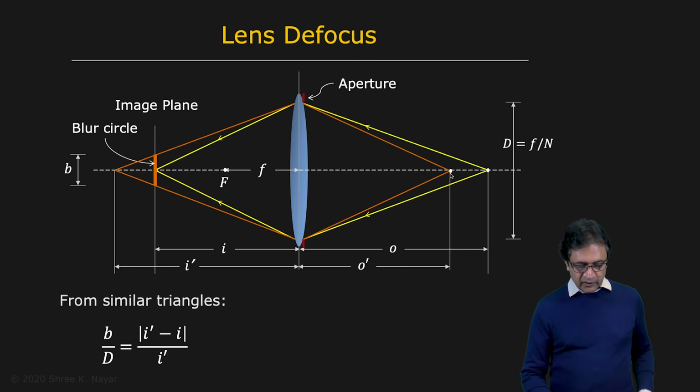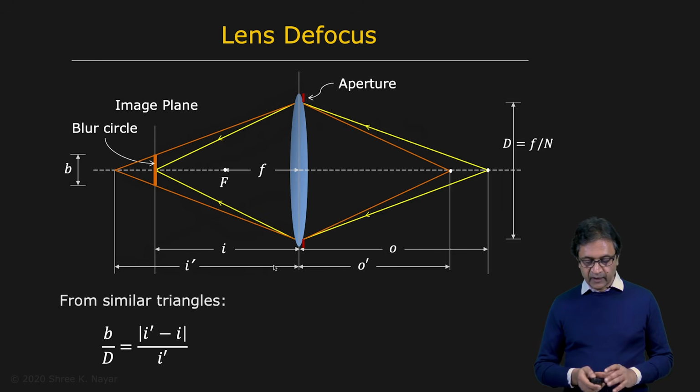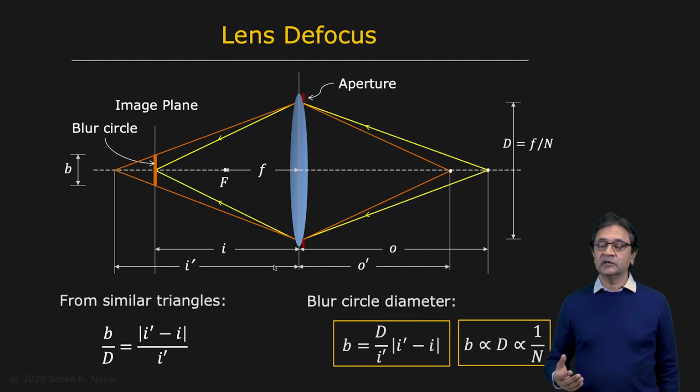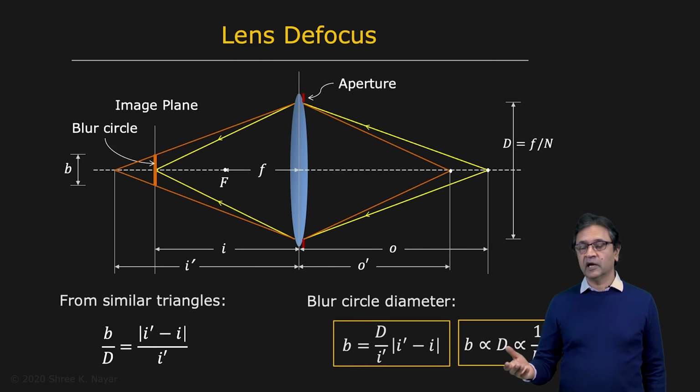So for that, we use these similar triangles, the small orange triangle here and the large one. These are similar triangles, and we know that b divided by d is equal to this distance right here, which is I prime minus I divided by I prime. And so we see that the blur circle diameter is proportional to the diameter of the aperture.